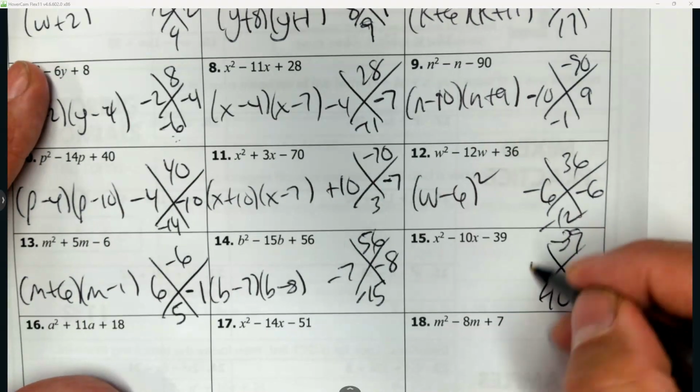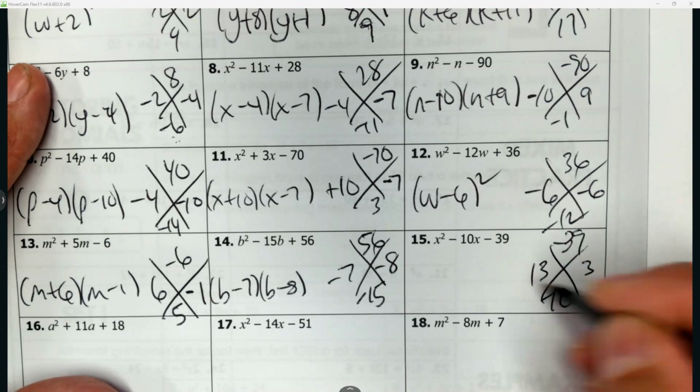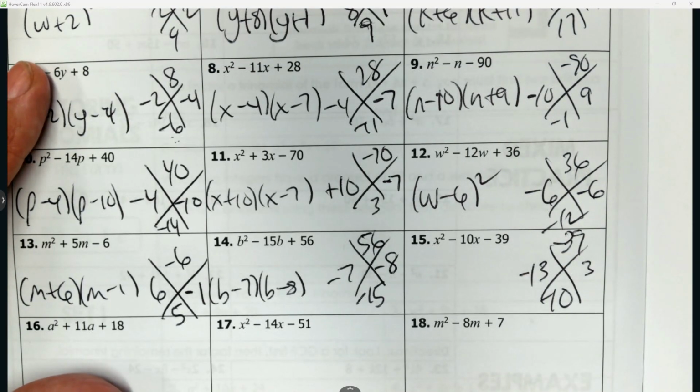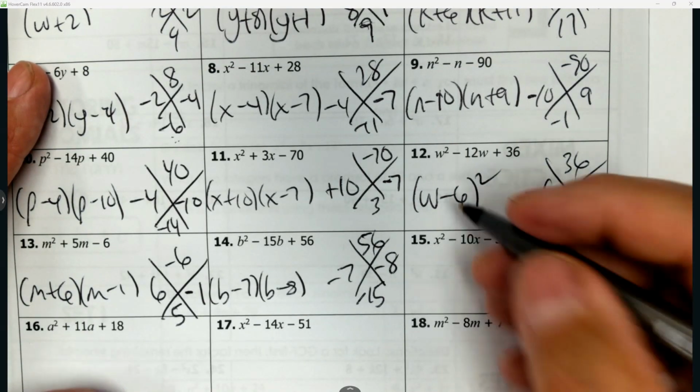39, that's going to be 13 times 3. Because the 10 is negative on the bottom, the 13 is negative.